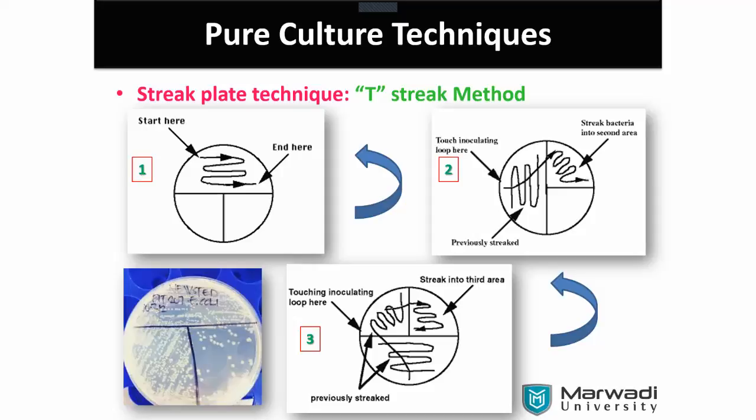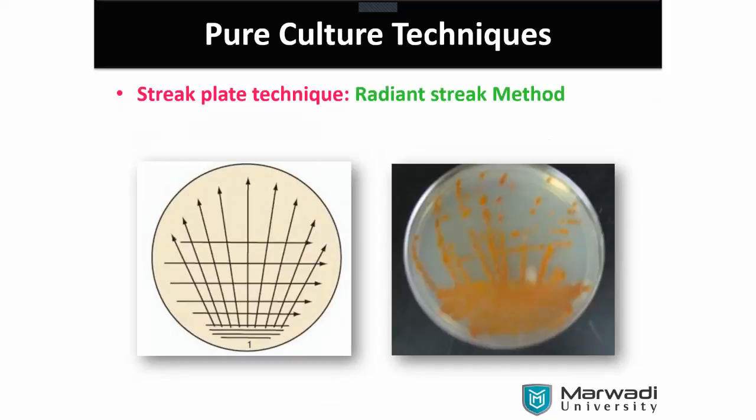Next is the streak plate with the radiant streak method. What is done here? Not continuous, in one direction. Just look, I am going to the upper side, and I am not going to stay for a while. Just inside make the lines, then on the next slide you start to make some lines.